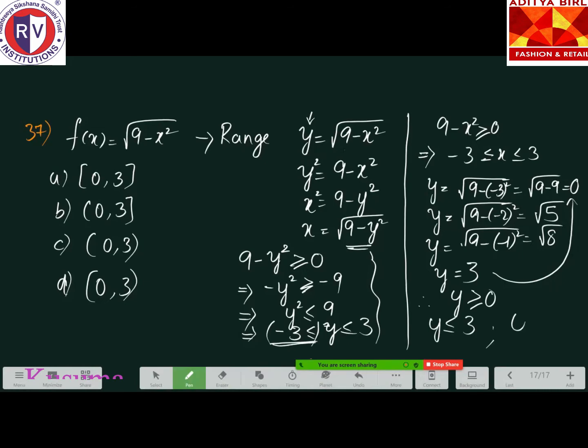That is, y belongs to the interval 0, 3. Here, since it is greater than or equal to 0, even 0 is considered to be a part of the interval. Therefore, y belongs to the closed interval 0, 3. This is your option A here. Therefore, the right option is the closed interval 0, 3. That is option A.